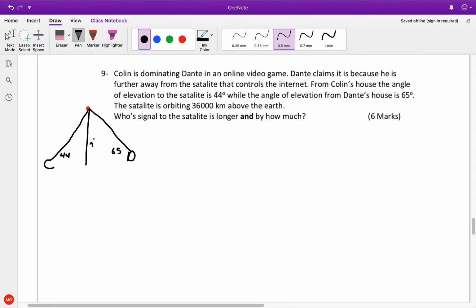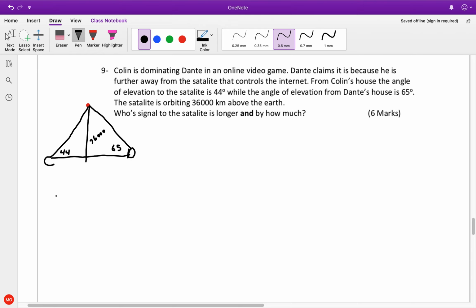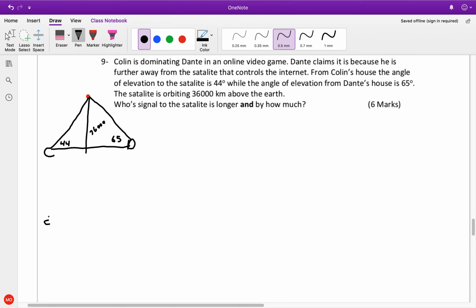So let me redraw Colin's. So we have this, this, this. This is 36,000, and here is 44.